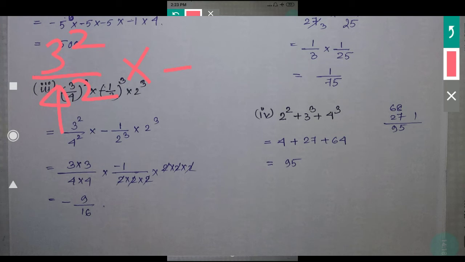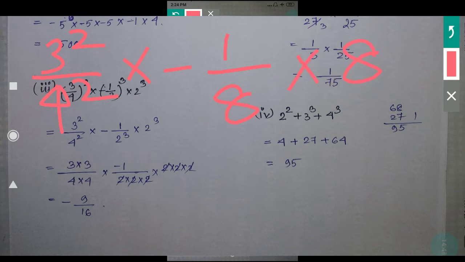Listen properly first. Minus (1 by 2) cube, negative number, then power is odd, so minus will come out, so minus I have written. Then (1 by 2) cube means 1 cube by 2 cube. 1 cube means 1 only. 2 cube means 8. Then again 2 cube, 2 cube means how much? 8 I can write.